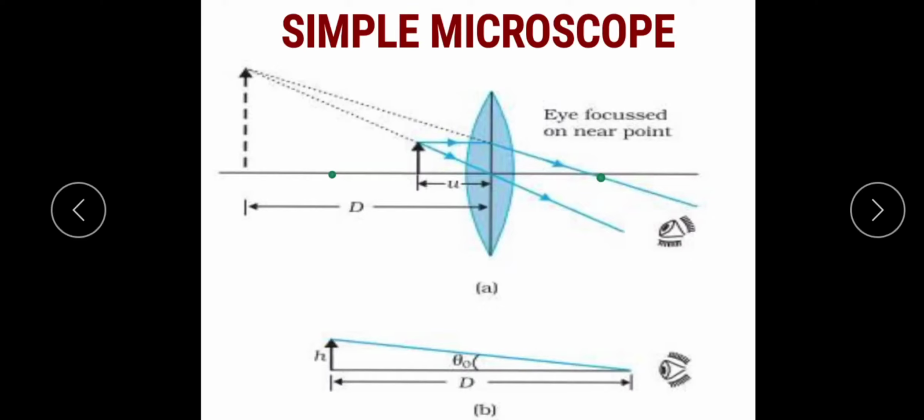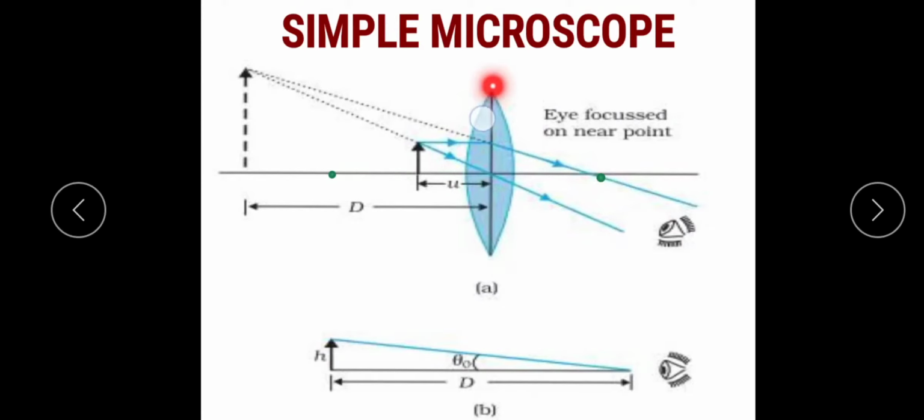To get the magnified image of this tiny object, we use a simple microscope. According to the definition, a simple microscope is used for observing a magnified image of tiny objects. A simple microscope consists of a converging lens.